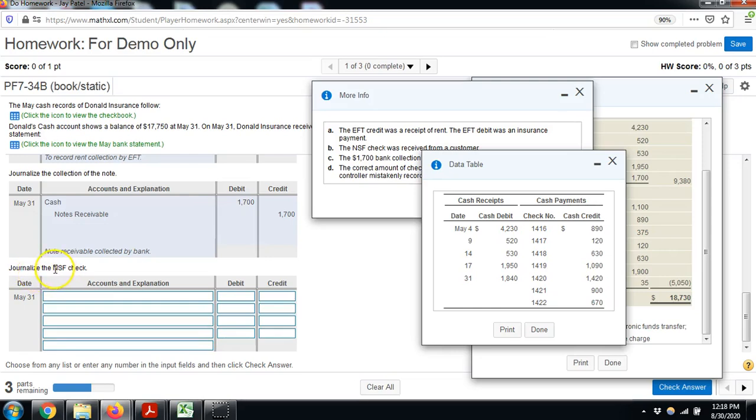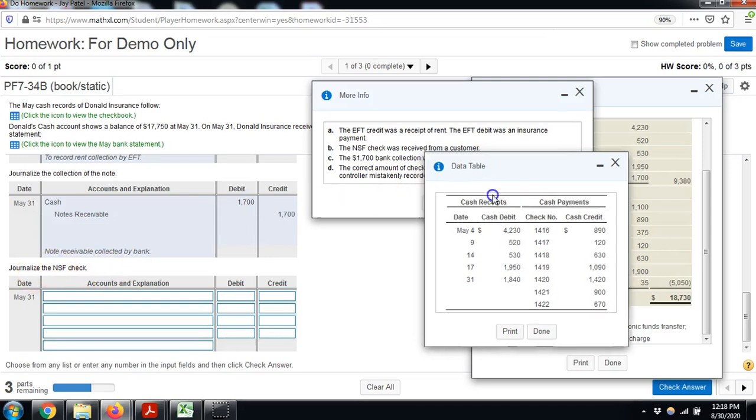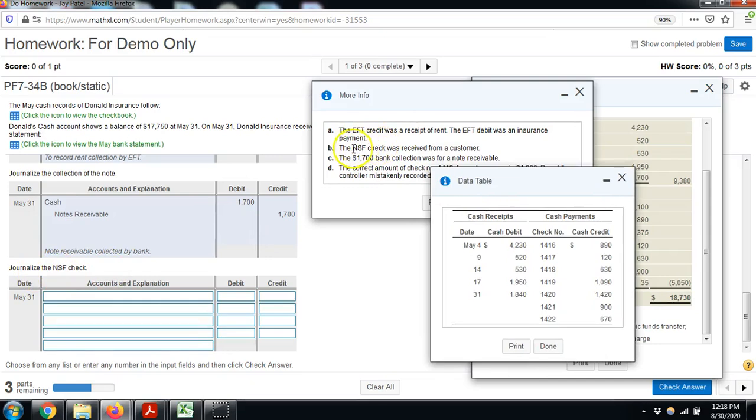Okay, now the NSF check. So we see in our additional information, this was for a receipt from a customer. So basically, we thought that we cleared out an account receivable when we collected this check from the customer, but no, that's not the case. The customer still owes us money, so we need to reverse this account receivable that we cleared.